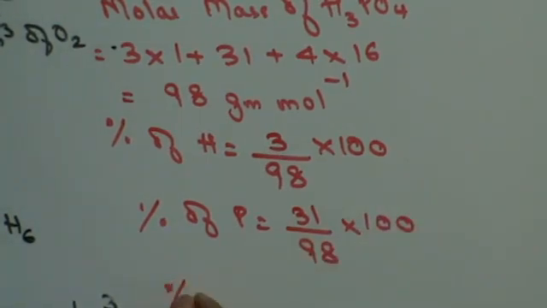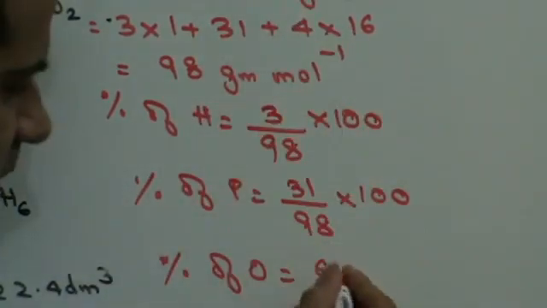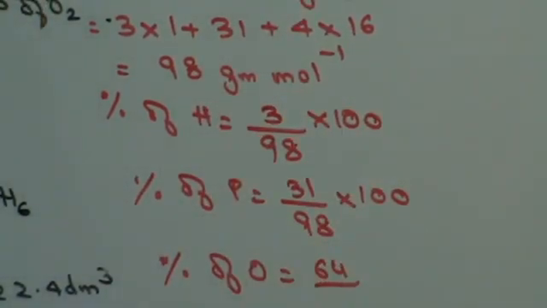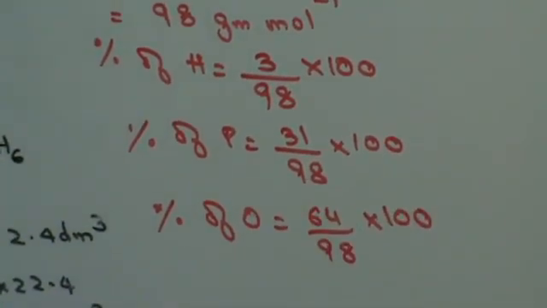Similarly, percentage of oxygen. 16 fours are 64. Each is 16, there are 4 atoms, divided by 98 into 100. You can do your calculation and get the answer. That will give you the percentage composition of hydrogen, phosphorus and oxygen in phosphoric acid. Fine. Take down next one, please.